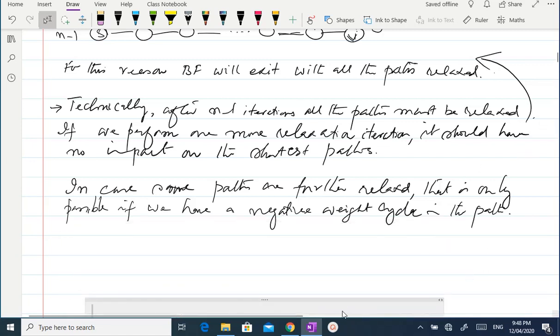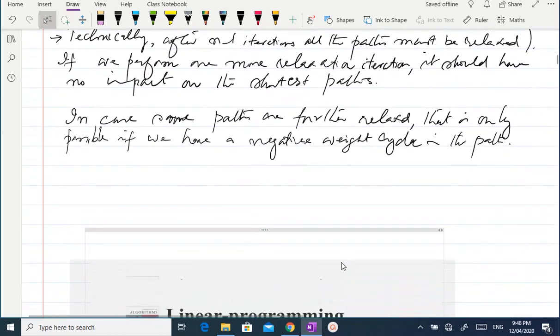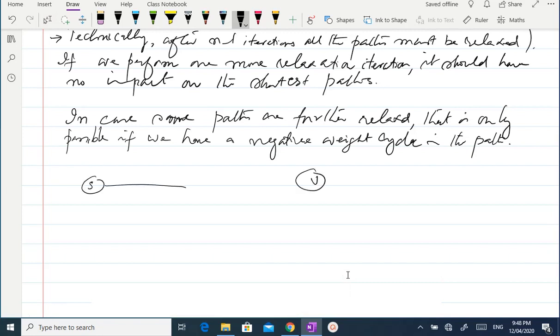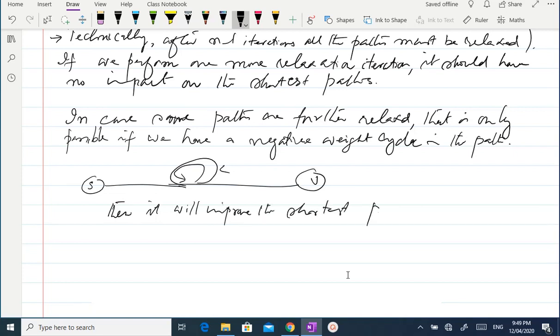So the justification is, if we have a path, in this case let's say this is your S, you're going towards V, and after that there is a cycle. If we add new nodes in the path, and if it is a negative weight cycle, then only will it improve the shortest path.